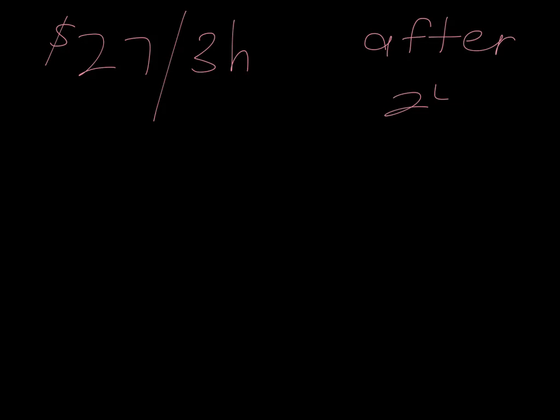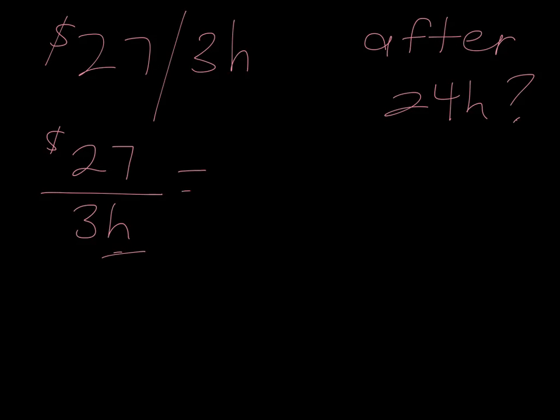What if I wanted to find out, after 24 hours, how much is he going to make? And what I would do in this case is I would set it up like a fraction. I would write it like this. Remember to always include your units. And then I would do equals, and I'm trying to find out in 24 hours.